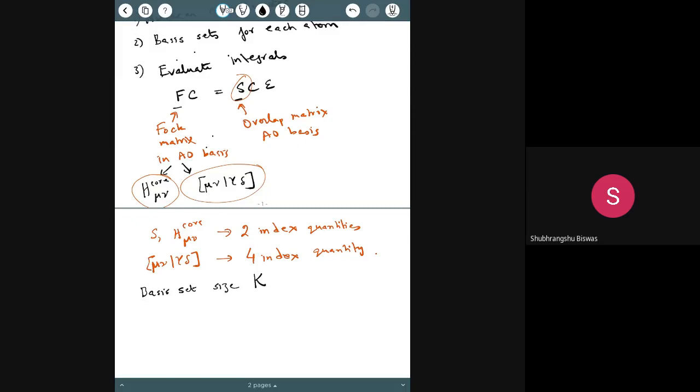Then my H mu nu and S mu nu, the total number of elements is k squared. And the total number of elements for mu nu gamma delta, the two body integrals, they are k to the power 4, roughly speaking.